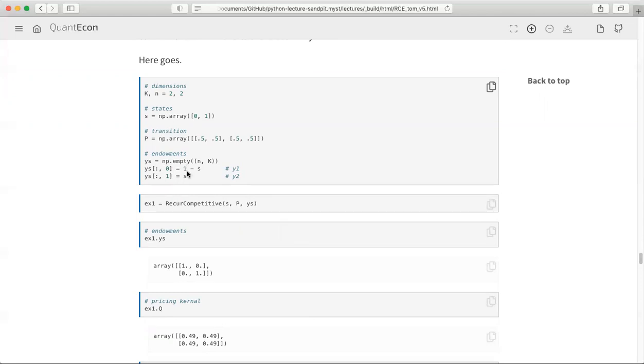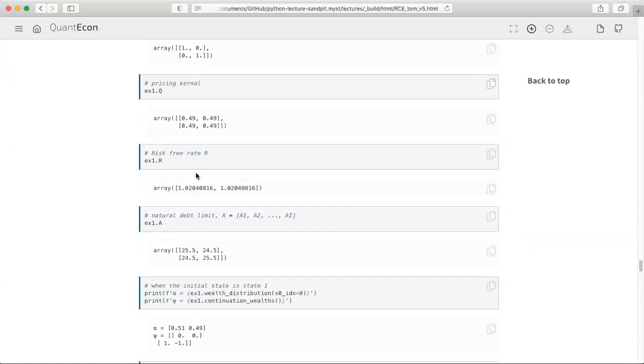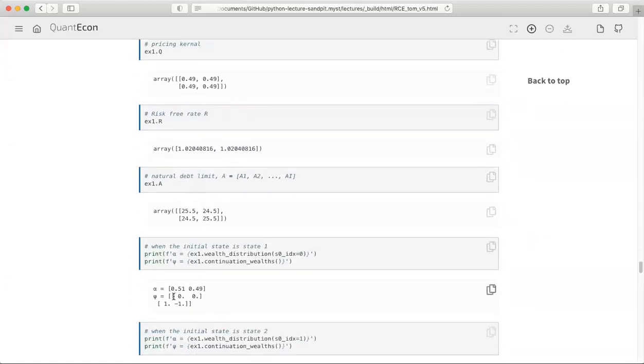It's IID. So when we start off in the first state, this guy for sure has got 1 today, and then he's got equal probability, because I said it was IID, we baked that in, of getting the entire endowment, the whole future. This guy has 0 today, and then he has the same from then on.